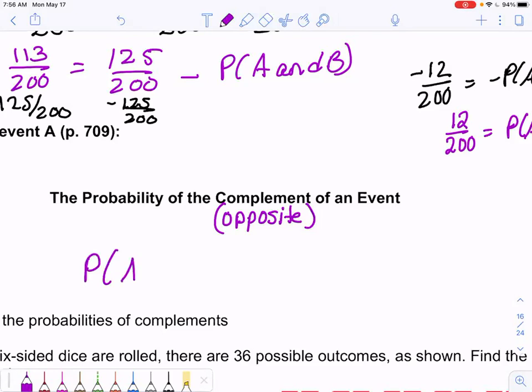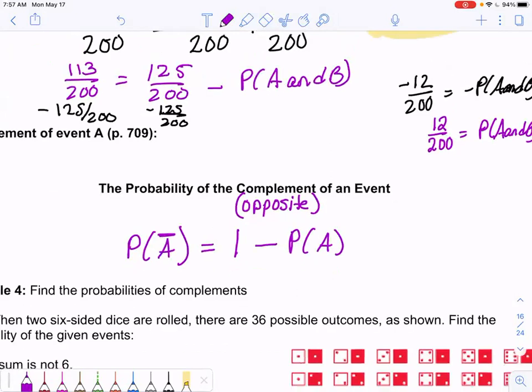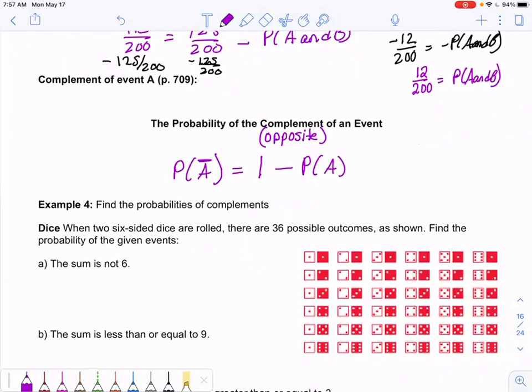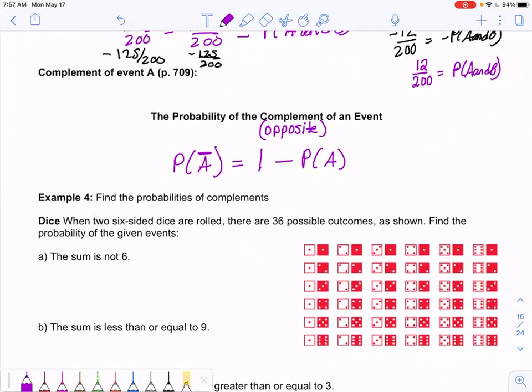The complement has a little hat on top of the A. And that's found by taking 1 minus the probability of the actual event, because I want the opposite of it. So if you look, there's a little diagram here.